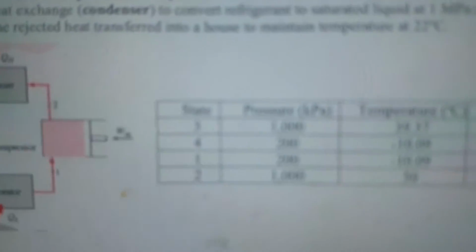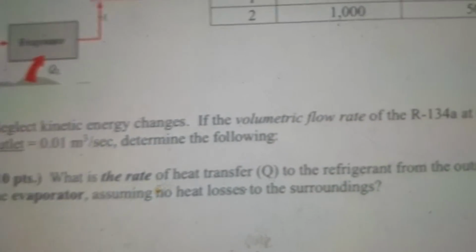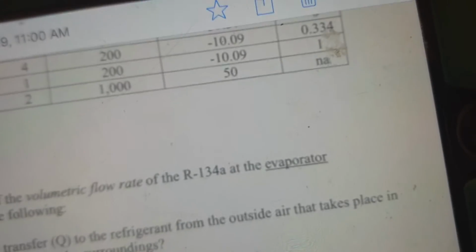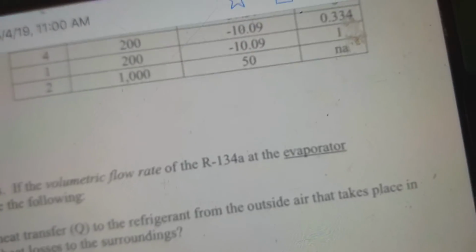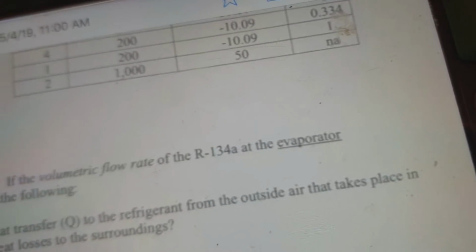Once we find this, now it was given also, you could go and see it here, to neglect kinetic energy changes, and the volumetric flow rate of the R134a at the evaporator. Remember what the things were? It is leaving the evaporator.